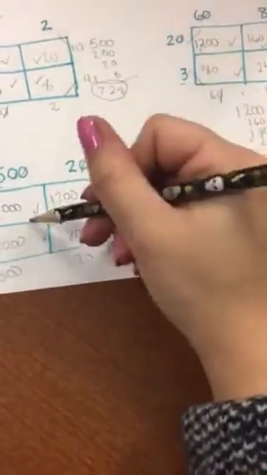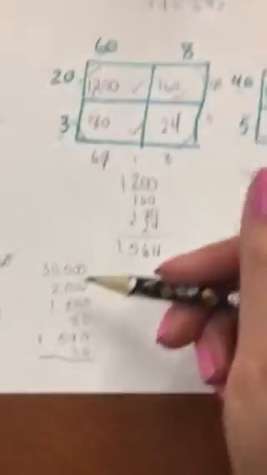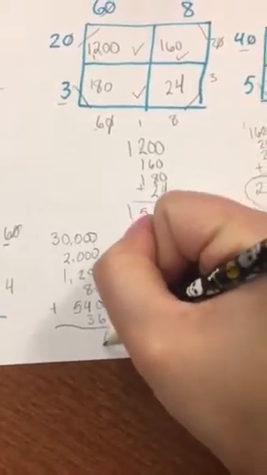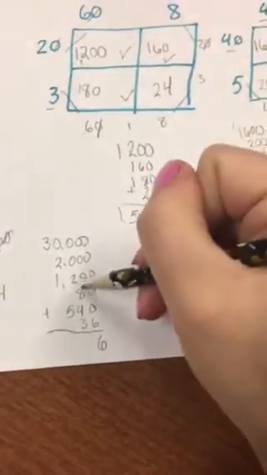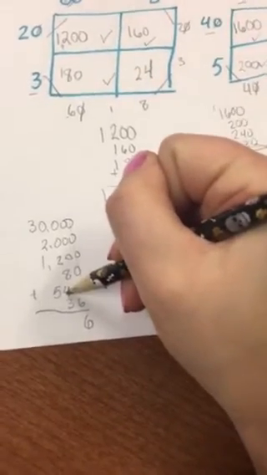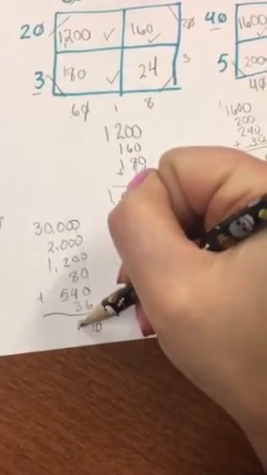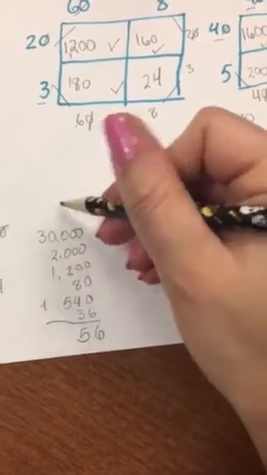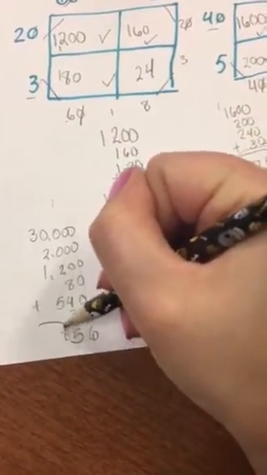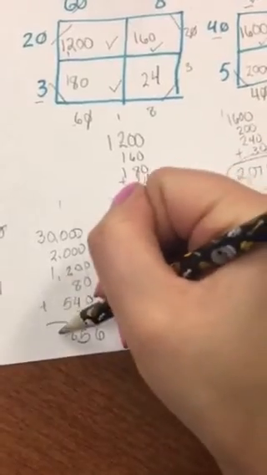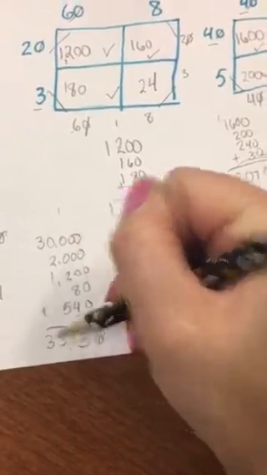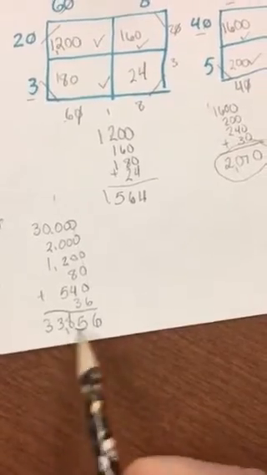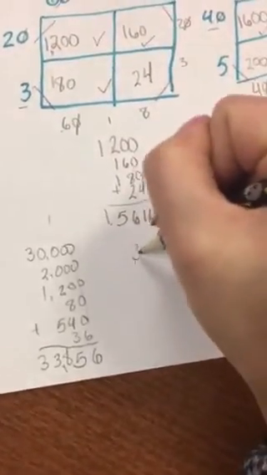Now if you want to add them 2 at a time, that's fine too. Okay, I see all zeros in this row and plus 6. And now I see 8 plus 4, which I know is 12, plus 3 more is 15. I have a 2 plus 5, which is 7, plus 1 more is 8. And 2 plus 1 is 3. So there's a total of 33,856 people could be at the Redskins Stadium.